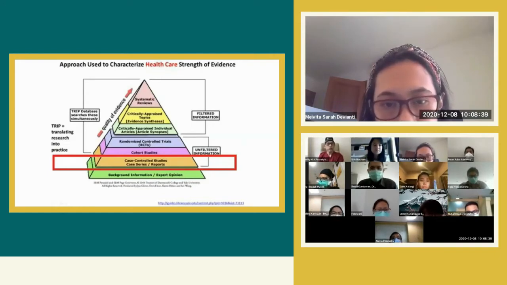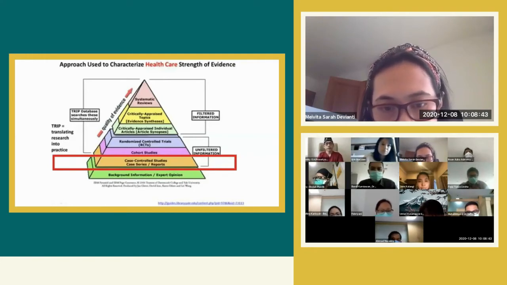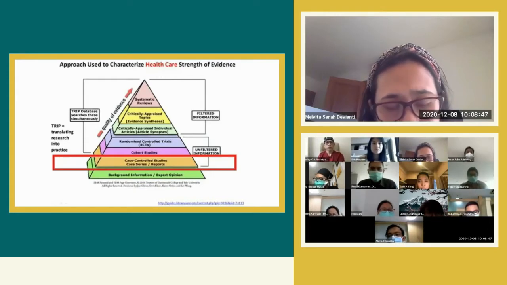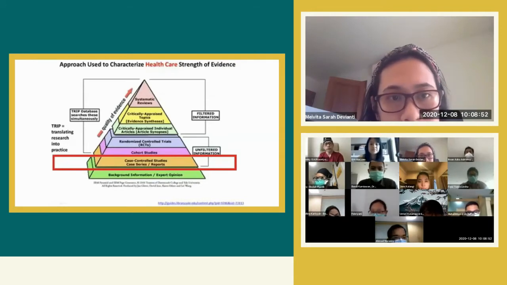And regarding our topic, which is the case report, sadly, it is located quite at the bottom of the pyramid. It means that the case report evidence is not strong enough.